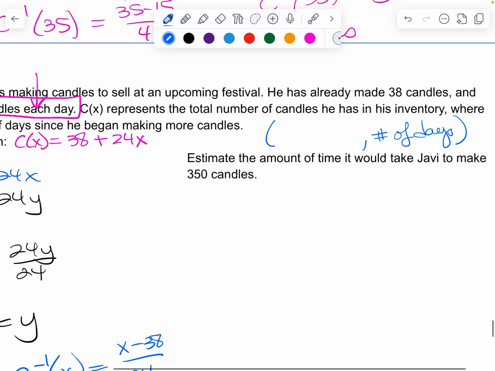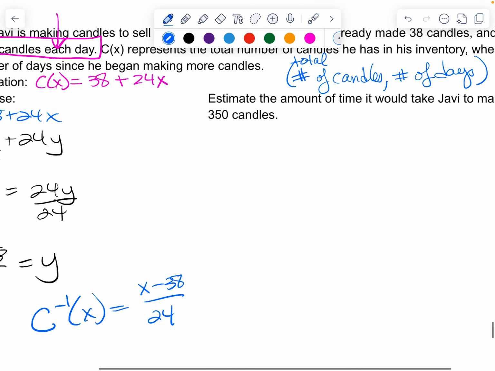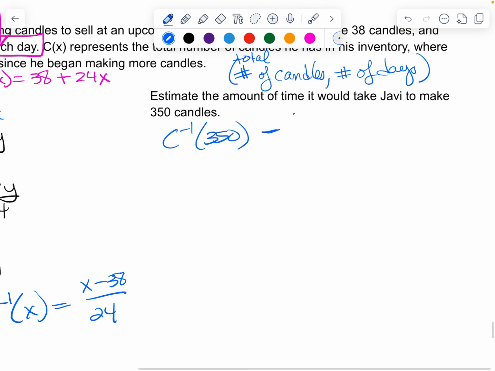And C of X represented the total number of candles, so the inverse is going to have the X being the total number of candles. So I'm going to plug in 350. The inverse of C of 350 equals 350 minus 38 over 24.